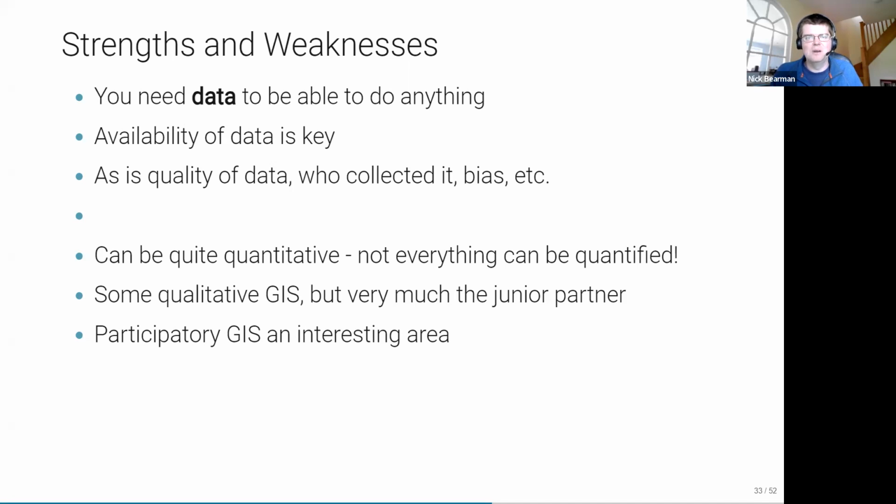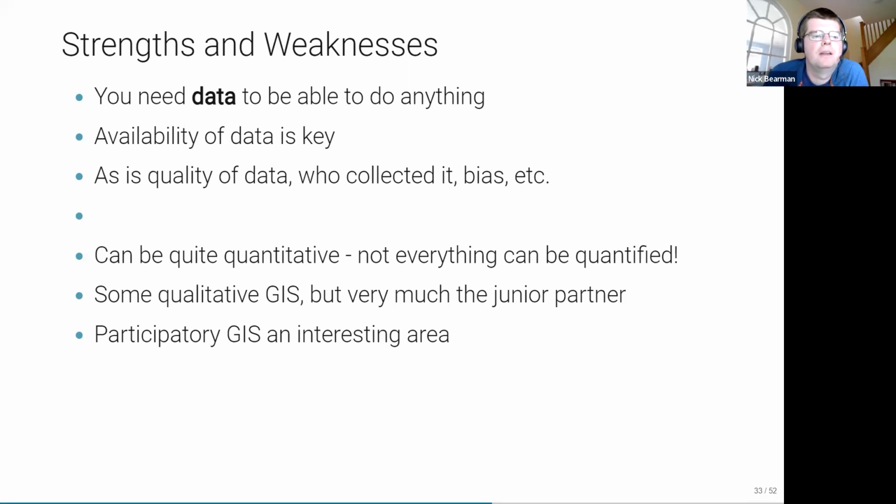So how you show some of these non-quantitative data sets and information spatially. But it's worth saying it is very much the kind of junior partner to quantitative GIS. If you're interested, there's the term participatory GIS, which is well worth a look, which writes up some of these. And there's a whole area of participatory planning as well, which has done quite a bit of work in this area.